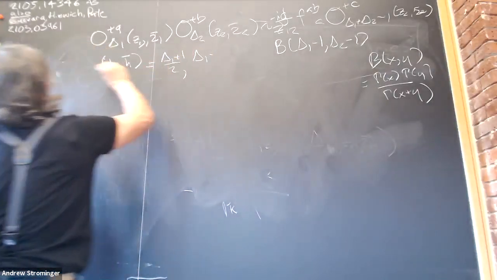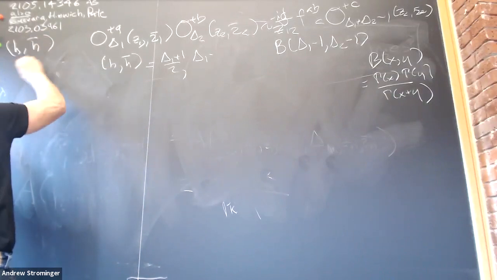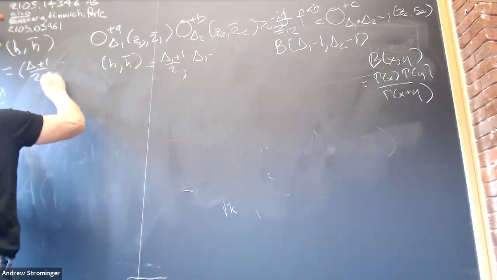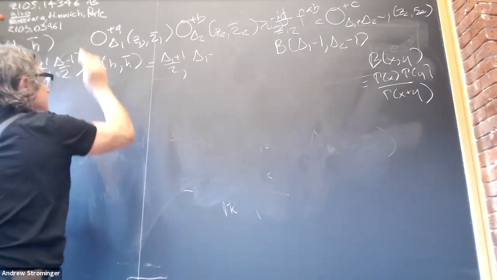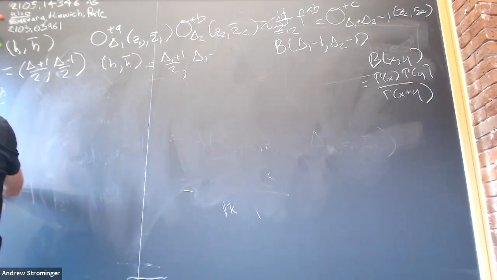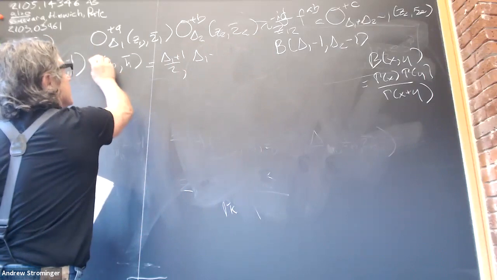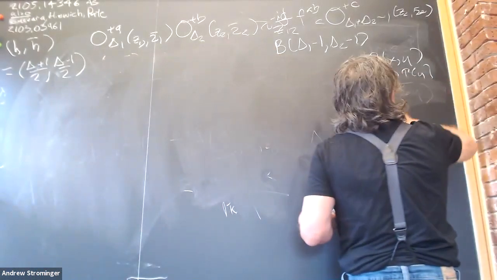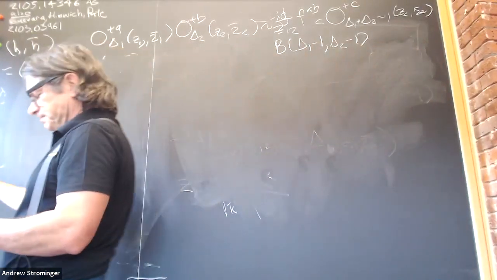Let me write this formula over here where I don't have to erase it. h bar is equal to delta plus 1 over 2, h is delta minus 1 over 2, so that the difference is 1, and that corresponds to the fact that they have spin 1. When we do gravity in a moment, h minus h bar will be 2.